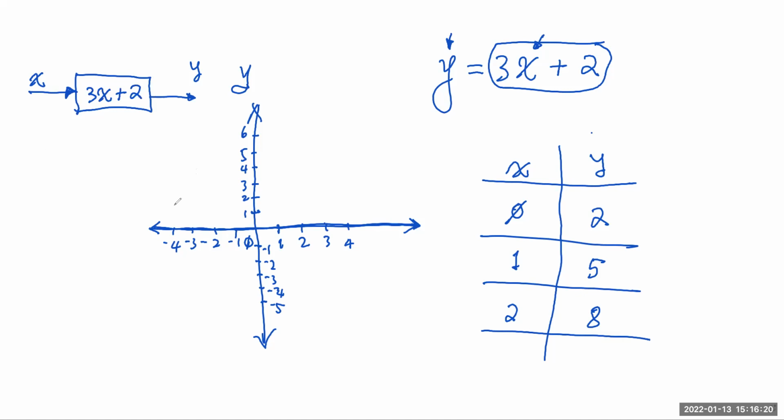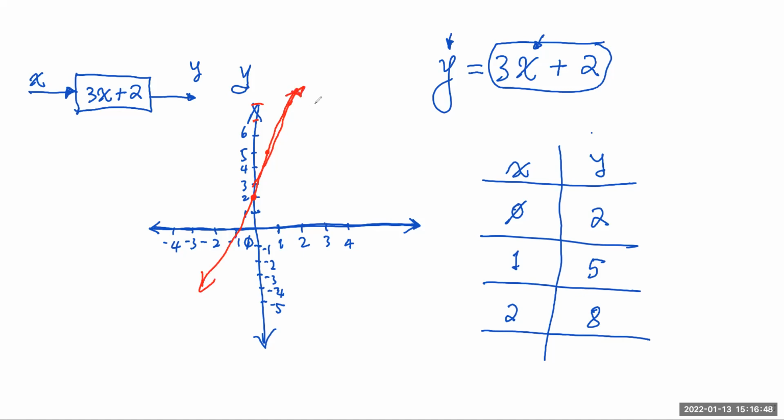So that's another form of describing a function. Once we have that, graphing becomes easy. (0, 2) we got here, and (1, 5), and (2, 8). So we have to go up a little bit. So we got that.